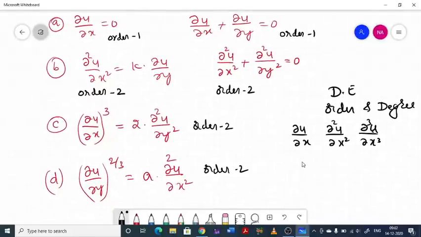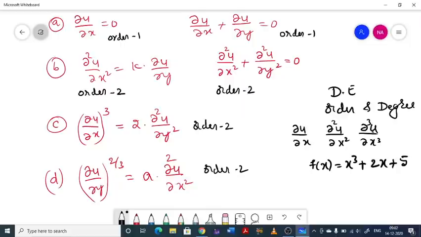Degree is the next parameter. Usually you have seen polynomials. See, we can write f of x equal to x cube plus 2x plus 5. What is the degree of this equation? 3, right. So the degree of this equation is 3. The same concept is applied here. You have to look into the equation, then the highest degree that occurs in the equation after removing all fractions and radicals.